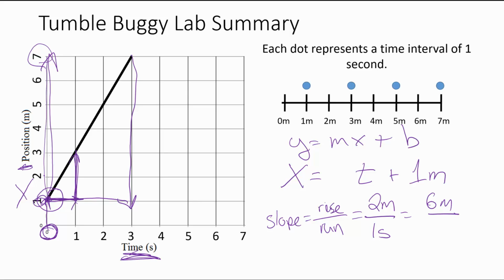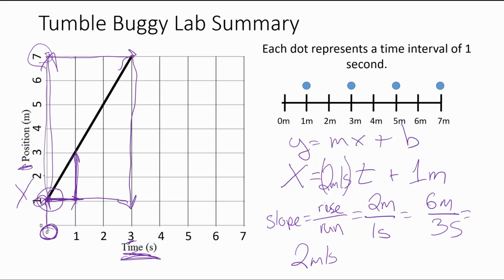And in order to go up from 1 to 7, so 6 meters, we have to go over 1, 2, 3 seconds. So 6 meters over 3 seconds. And hopefully you recognize this is going to be 2. 2 divided by 1 is 2, 6 divided by 3 is 2. And then we want to keep those units, meters per second. So we're going to substitute this in as 2 meters per second.